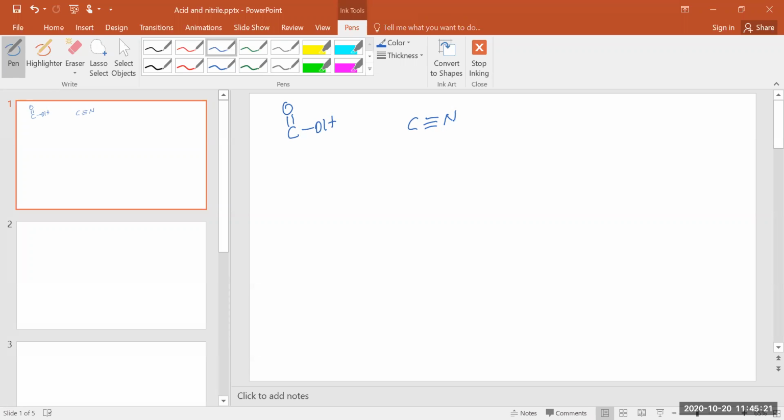So first let's talk about brief nomenclature. This is carboxylic acid. Carboxylic acids are named from alkane. So you remove E and add oic, or just in some cases ic acid.